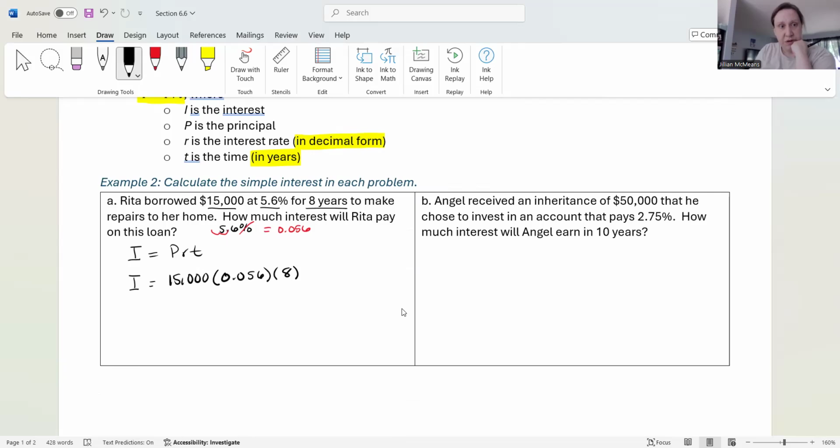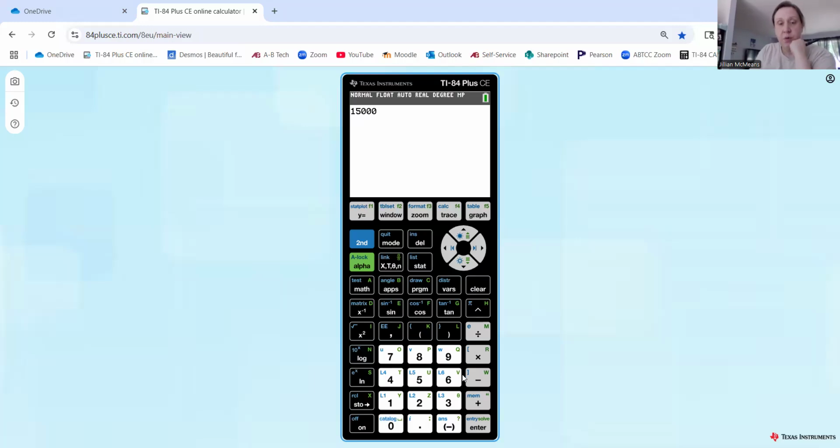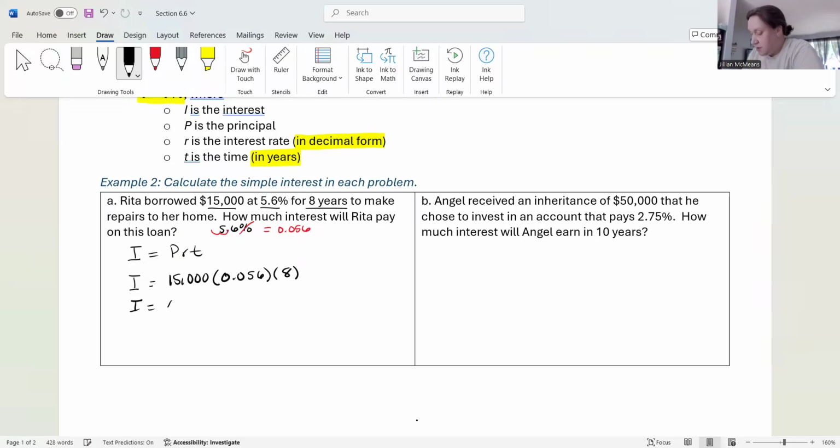So we take the 15,000 that Rita borrowed, multiply it by the interest rate, 0.056, and she has this loan for 8 years. Over the course of 8 years, Rita will pay $6,720 in interest alone. So the interest is $6,720.